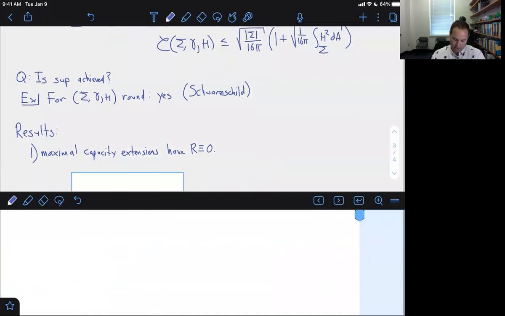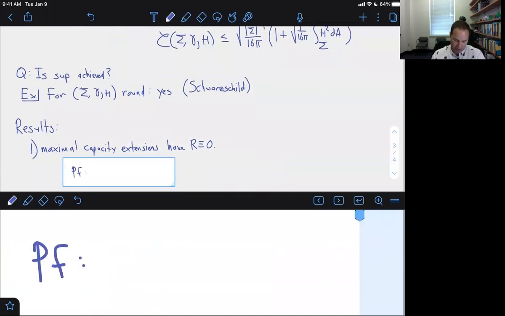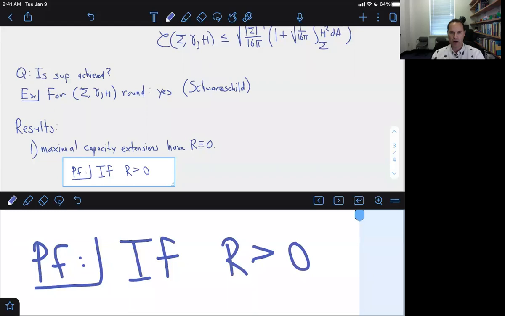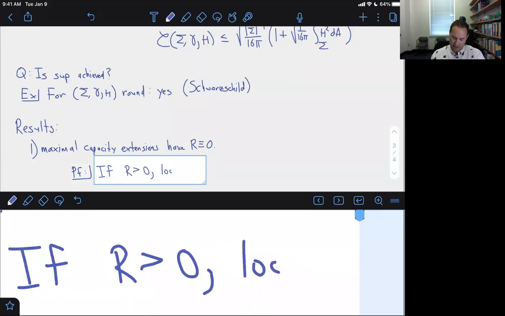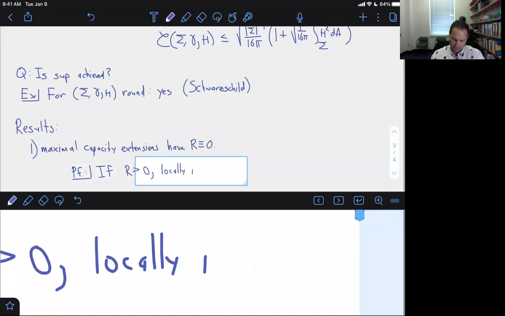This is similar to a result for the Bartnik mass where those minimizers have to be scalar flat as well. The way you see this is a little bit different. Again, just due to the way capacity is defined, you can make use of the fact that it's a non-local definition in a way that doesn't quite work for the mass. But if you did have positive scalar curvature somewhere, you'd have it somewhere in the interior. What you could do is zoom in on a region where you have strictly positive scalar curvature, and you can locally raise the metric pointwise.